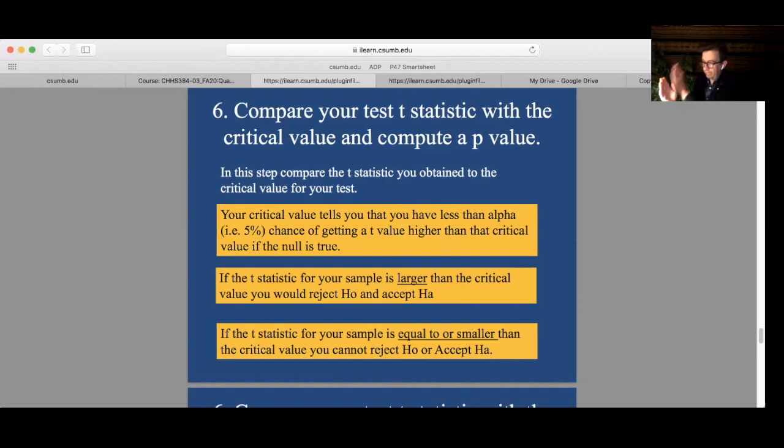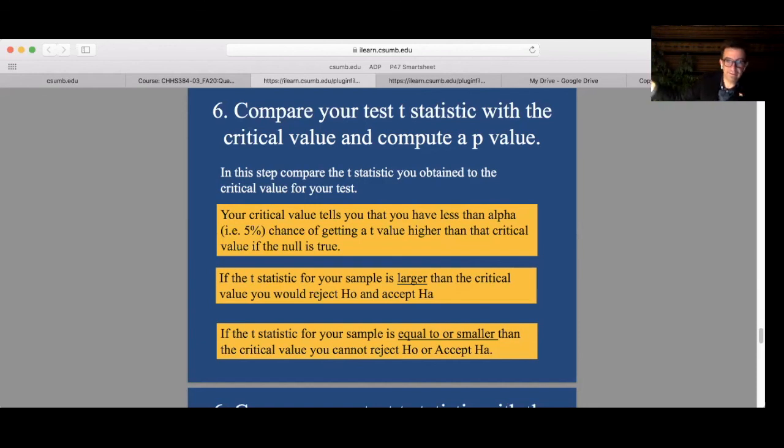And if your t is larger than that critical value, then you reject your null hypothesis and accept the alternative, right? You would say, hey, my sample did not come from a population where there is no relationship. So I accept the alternative and I conclude that my sample came from a population where there is a relationship, where the means are different.